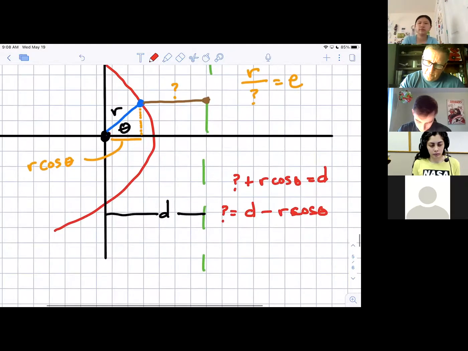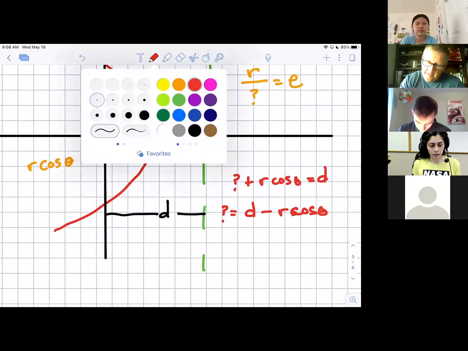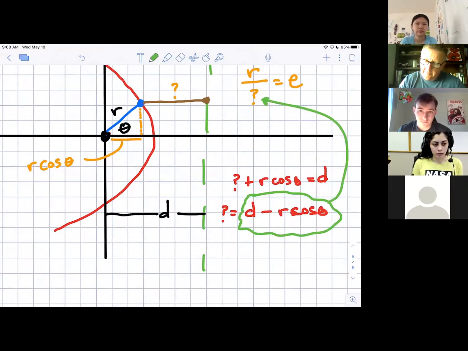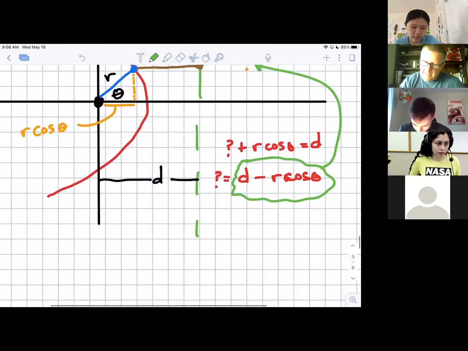Okay, cool. Well, if that's true, then let's take this guy right here and throw it in up there. And now I have a formula that has everything that I need. So what do I have?